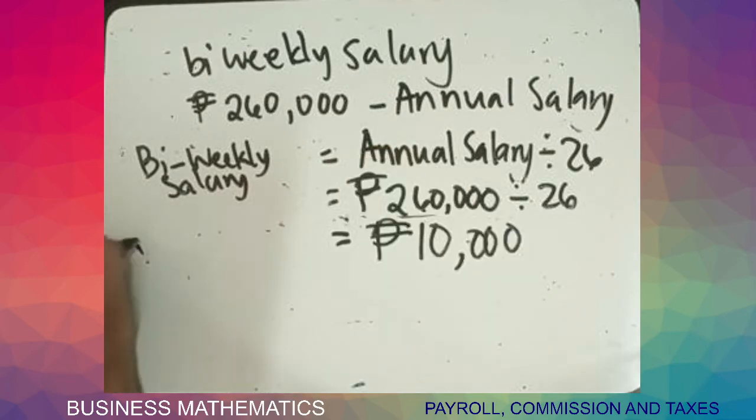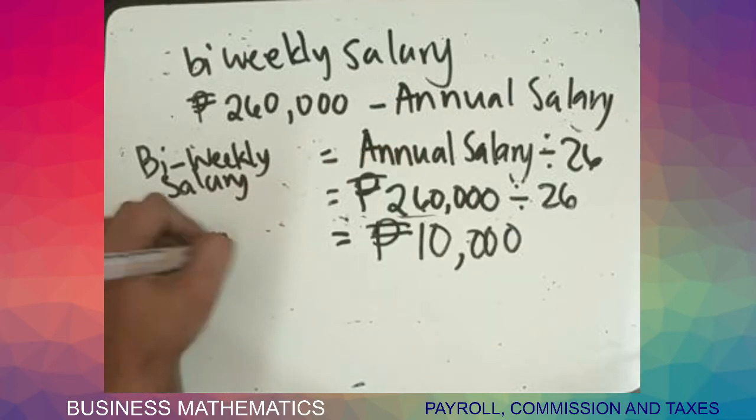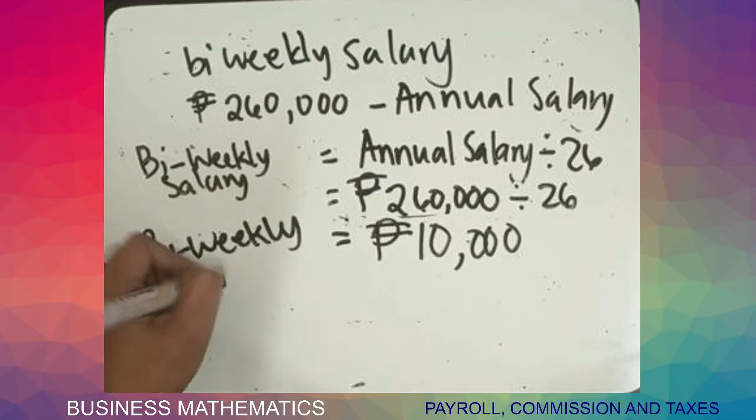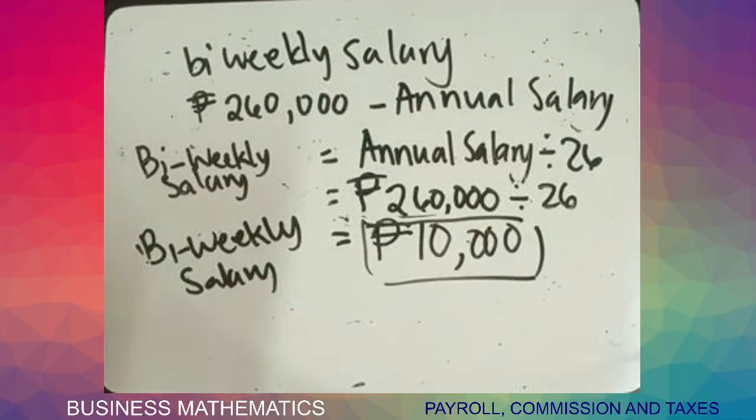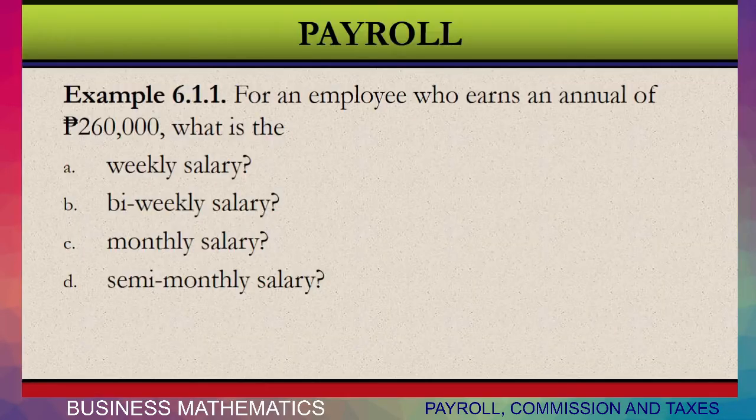Sa bi-weekly, ito yung bayad sa kanya. Okay, next. Balikan natin yung problem. Sunod natin kunin ay yung monthly naman. May mga instances na ang bayaran talaga ay monthly or kaya quincenas. So, monthly muna.